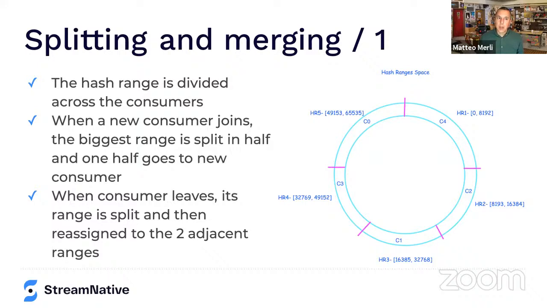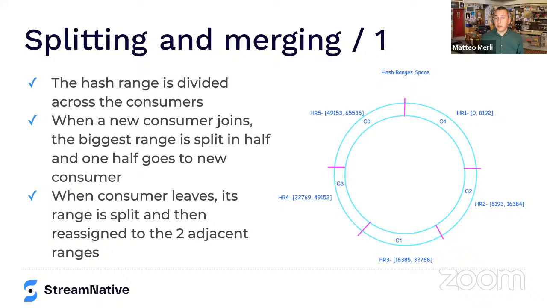When a consumer joins, we take the biggest of the ranges and it gets split, so that the new consumer will take over some portion that was before assigned to another consumer.